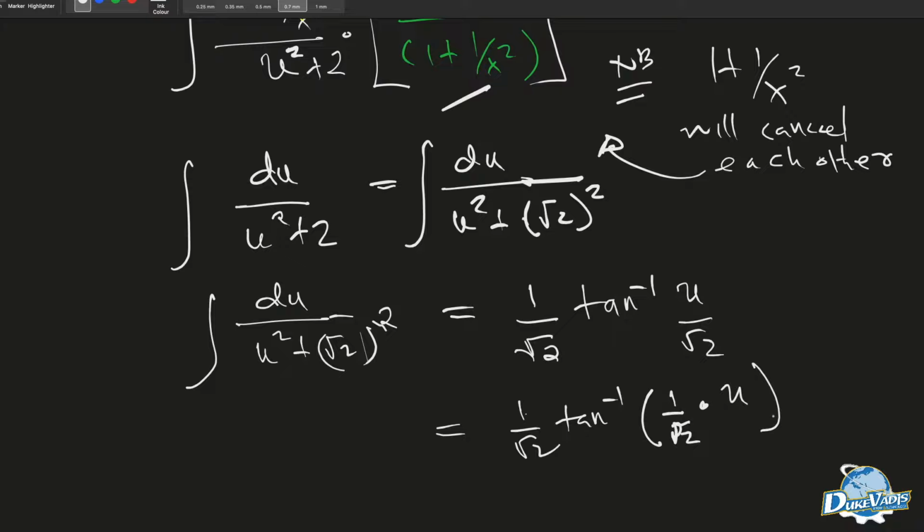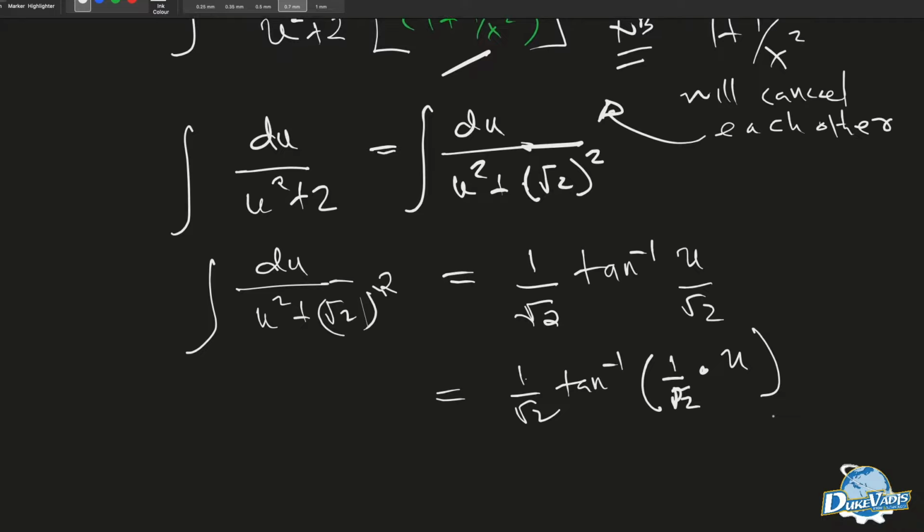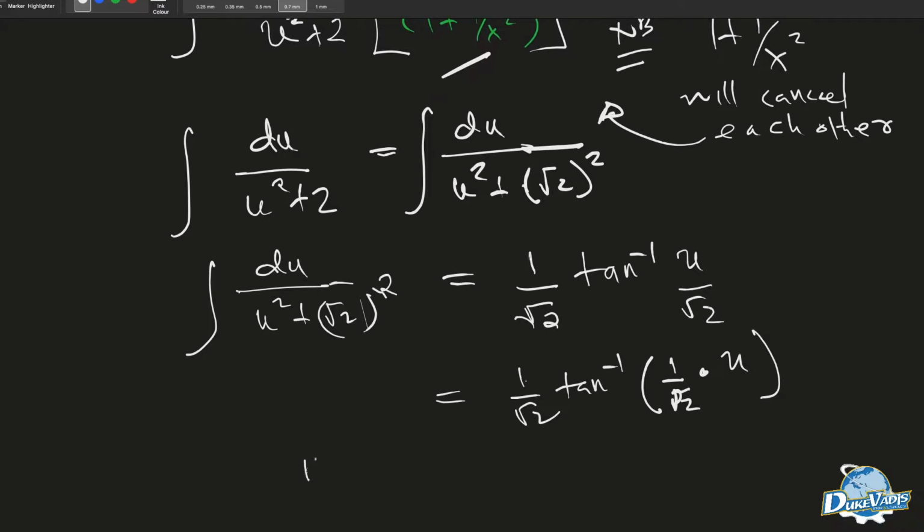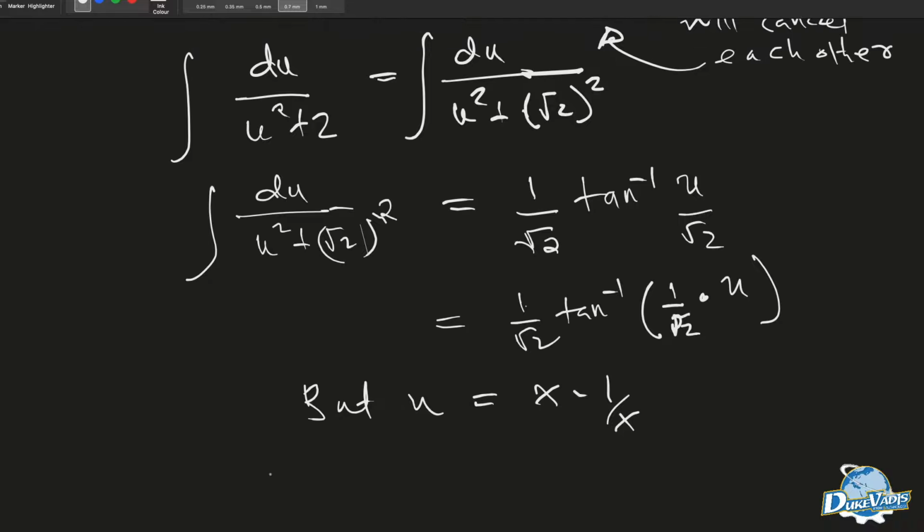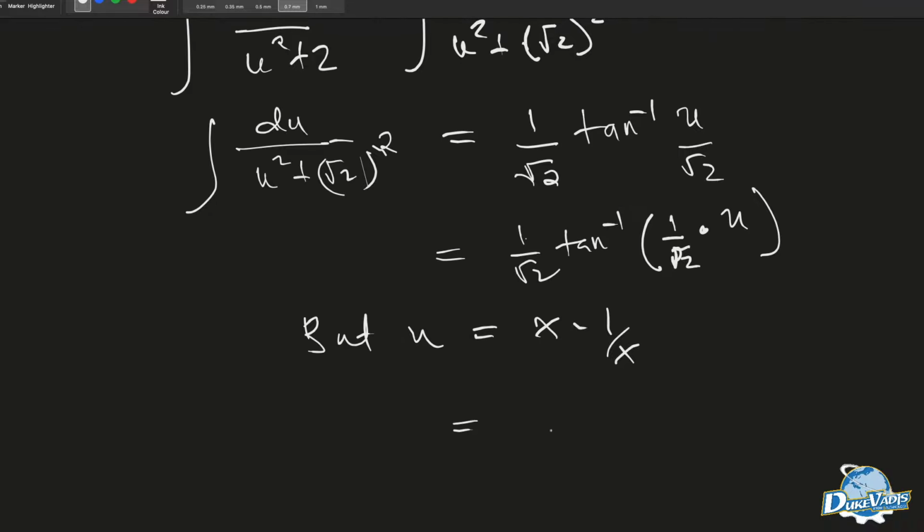But we know u is equal to x minus 1 over x. So this will give us 1 over root 2 tan inverse of 1 over root 2 into bracket x minus 1 over x.